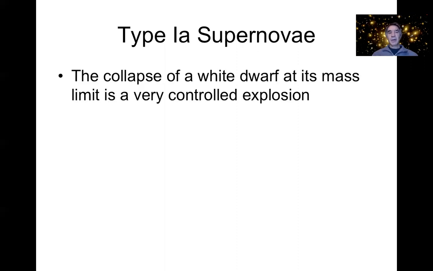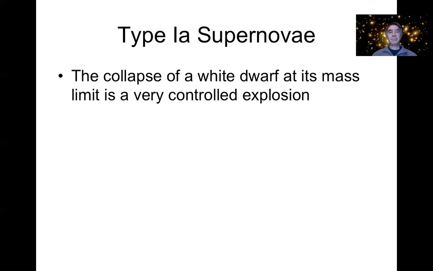As I alluded to before, this maximum mass for the white dwarf, over which it will explode, is set by fundamental atomic physics constants. So it is a universal upper limit to the mass, no matter where you are in the universe. When they do explode, the idea is that they will always explode in exactly the same way, because it's always precisely the same mass that is going boom.